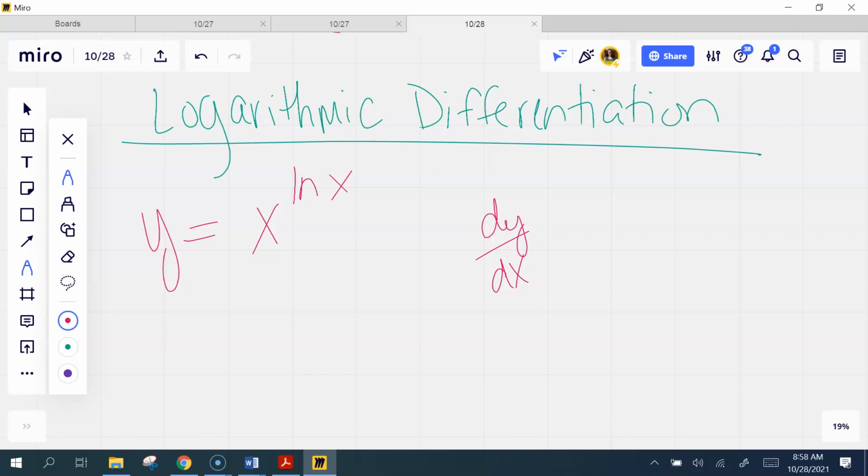I mean, power rule, what in the world do you do? So what logarithmic differentiation does is it allows us to write it a little bit differently. So what we do is we take the log of both sides.